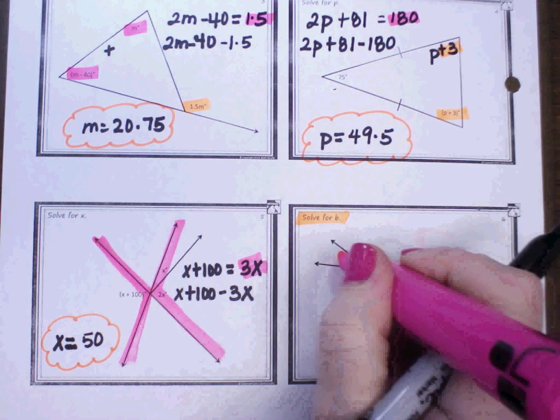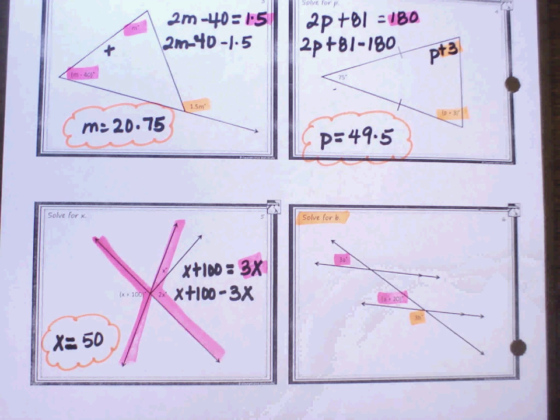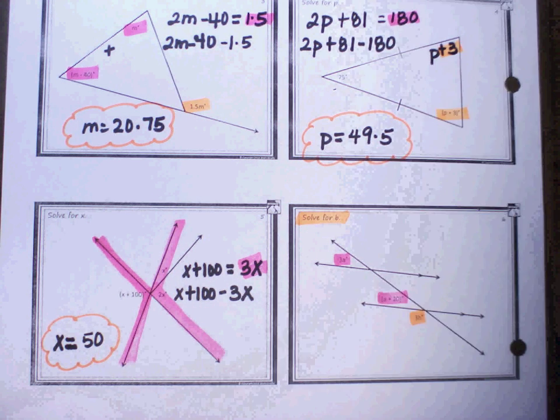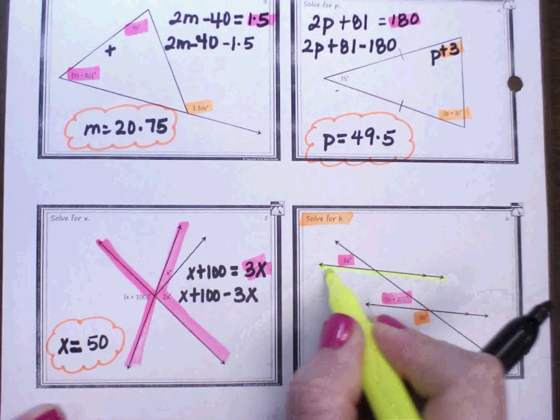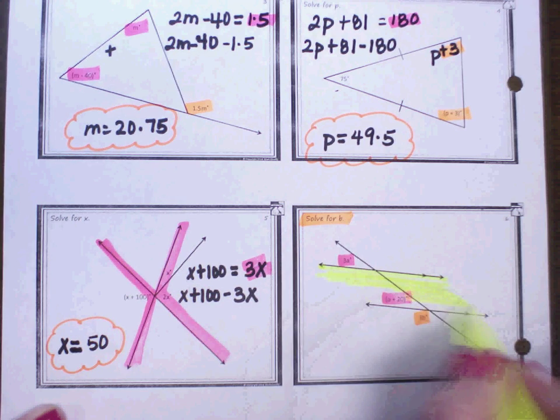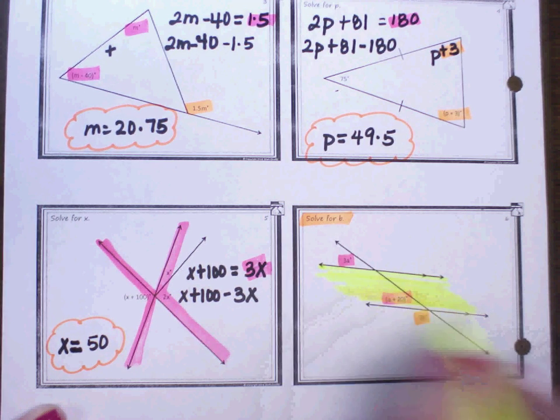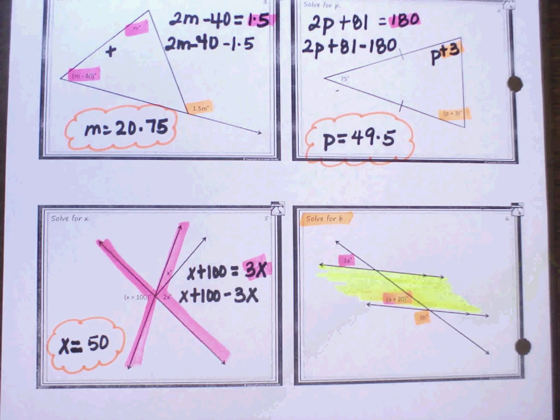All right, so I have to solve for b here. There's b, but there's only one b. So let's highlight my a's.